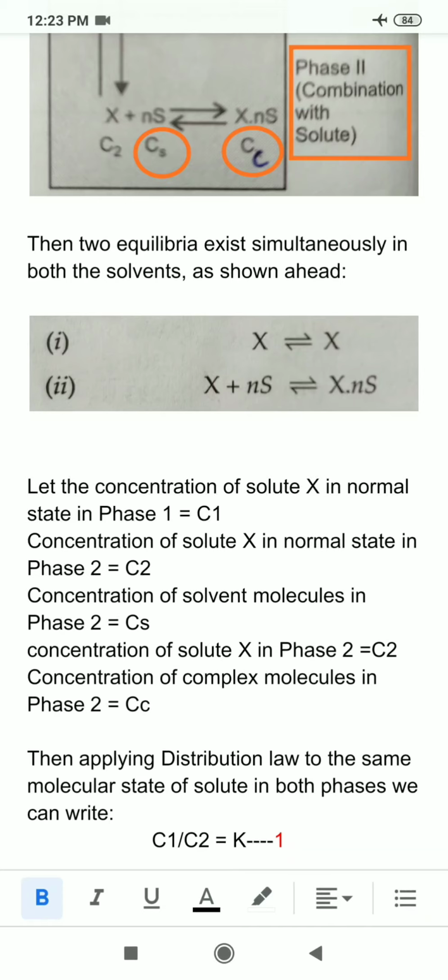Now please note here that the solute is existing in two states in solvent 2. It is existing in normal state as well as in complex state with solvent molecules. So concentration of solute X in normal state in phase 2 is C2, and concentration of solvent molecules in phase 2 is equal to Cs.